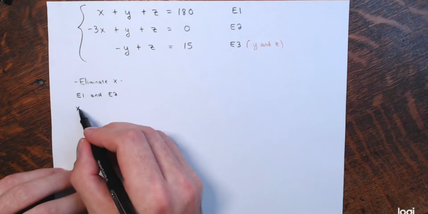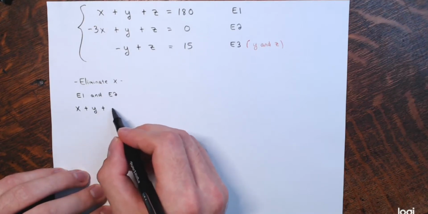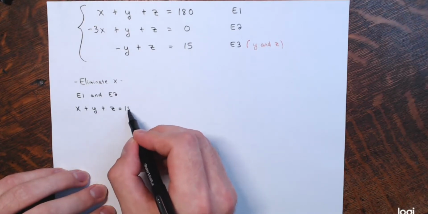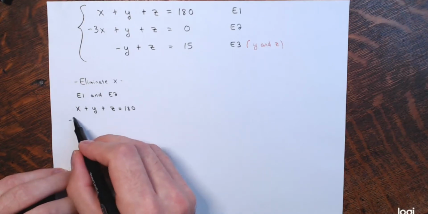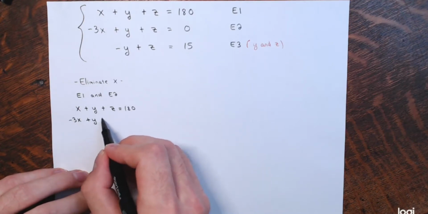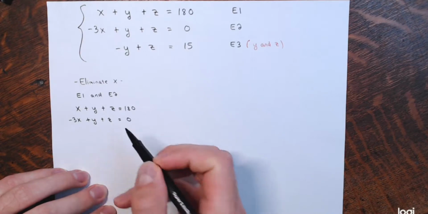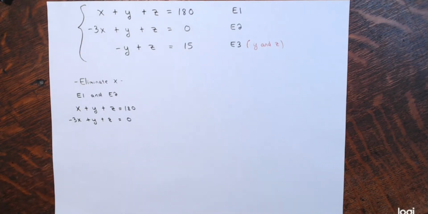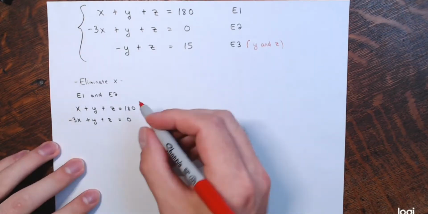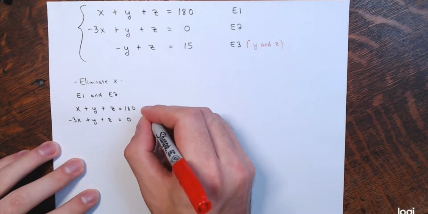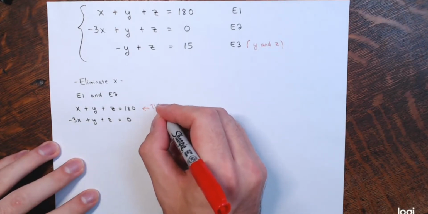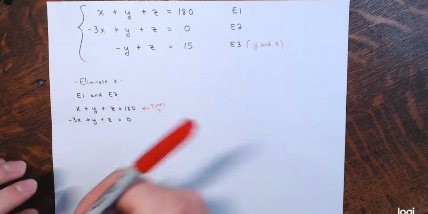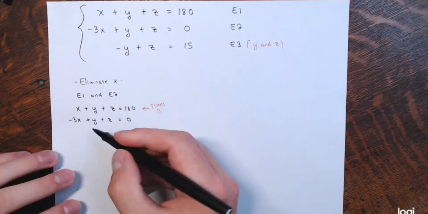So equation 1 is x plus y plus z equals 180. Equation 2, negative 3x plus y plus z equals 0. And pretty simple here. To get rid of the x's, I would just have to multiply the first equation, both sides, every term, by 3. To give me 3x and negative 3x, right?